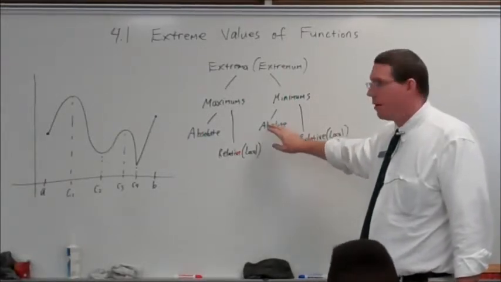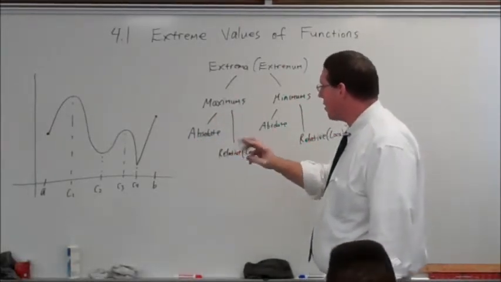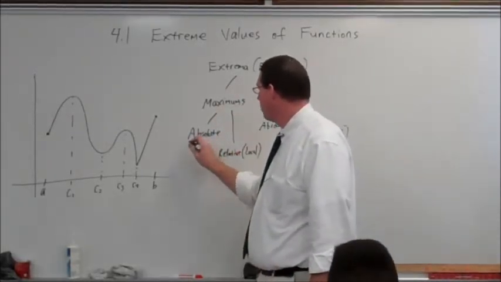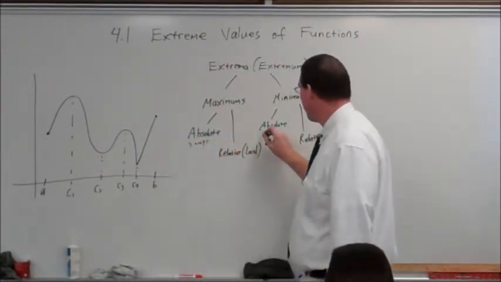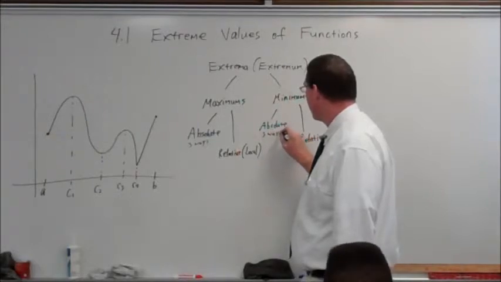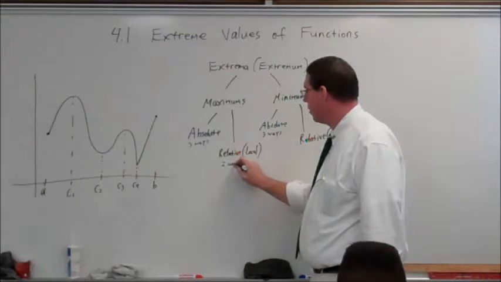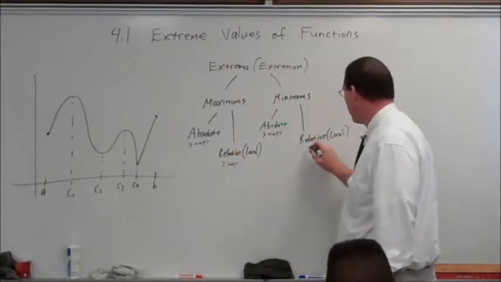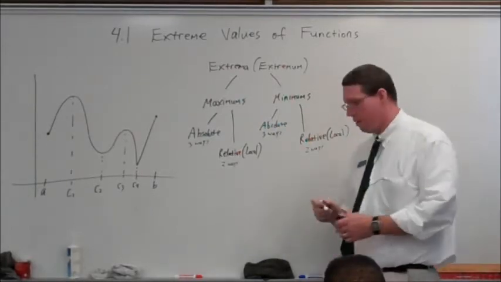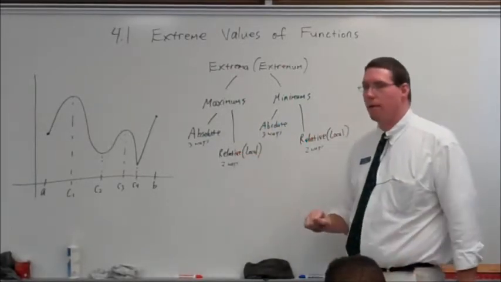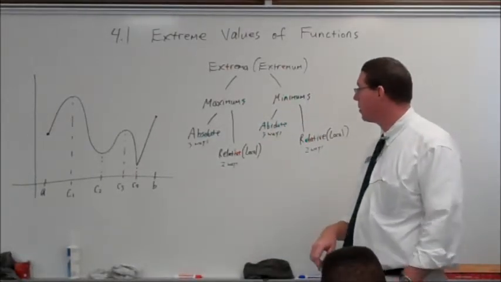There are three ways that you can identify an absolute maximum, and it's the same three ways to identify an absolute minimum. But there are only two ways to identify a relative maximum or a relative minimum. I'm being very general here, but the idea is that there are two things that indicate a relative and three things that indicate an absolute maximum or minimum.